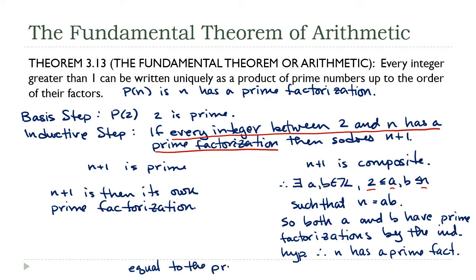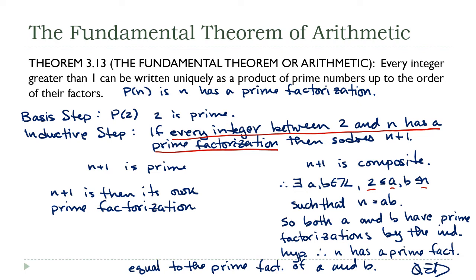And that's it, right? That's what we need to show. We need to show that it existed, and we did. We implicitly constructed it by showing that it's the prime factorization of these two smaller numbers. And that's the end of the proof.